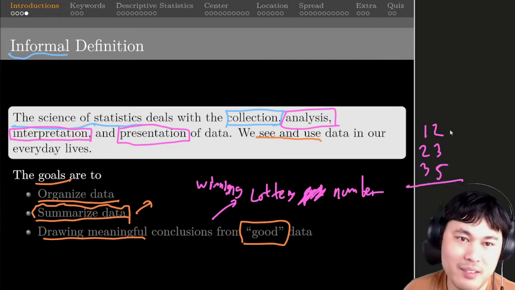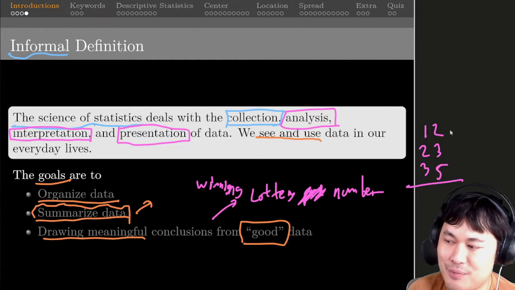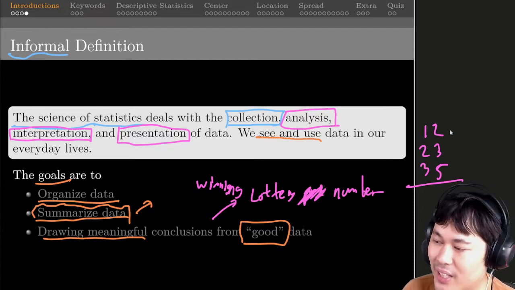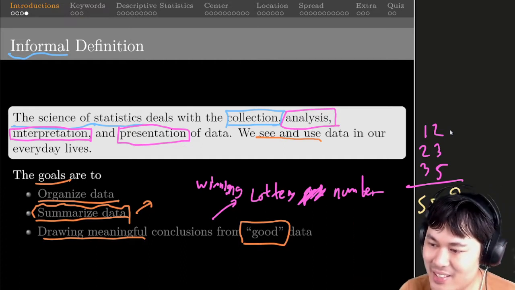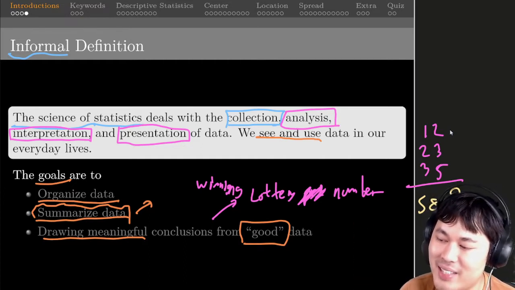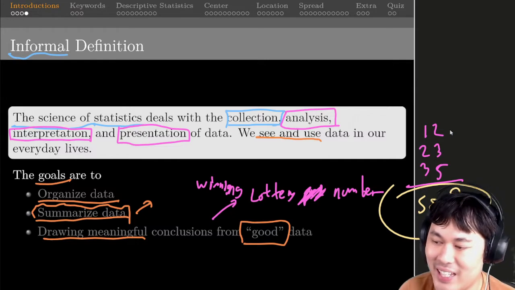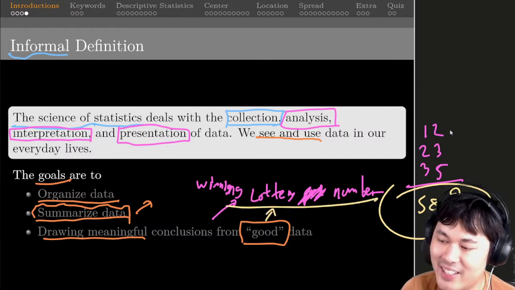And you might say, oh, that looks like some curve pattern. 1, 2, 3, next should be 5; 2, 3, 5, next should be 8. You can speculate all you want, but you have to first know that this is not good data.